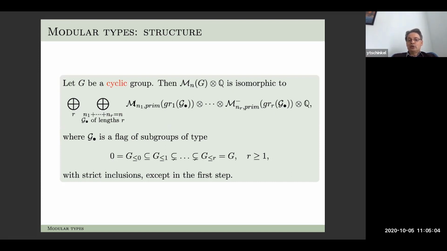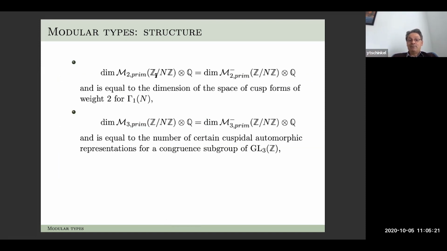For each of those, you look at the primitive pieces, and that allows you to reconstruct those Q vector spaces from the basic primitive pieces. The basic primitive pieces that we see, we find in dimension 2. In dimension 2, M2 primitive is equal to M2 minus primitive, and that is equal to the dimension of the space of cusp forms of weight 2 for gamma 1(n).